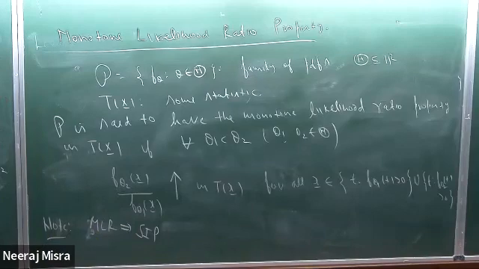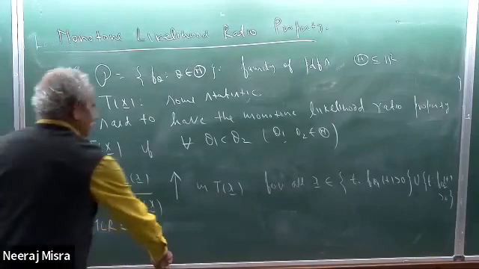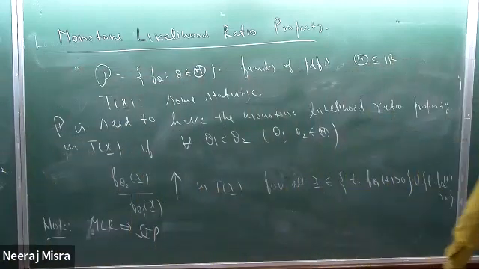So the expected value of T under theta 1 would be smaller than the expected value of T under theta 2 if theta 1 is smaller than theta 2. Why only T? Take the expected value of any increasing function psi of T. So E theta 1 of psi of T(x) would be less than or equal to E theta 2 of psi of T(x). And that is the next result, which I'll write down over here.